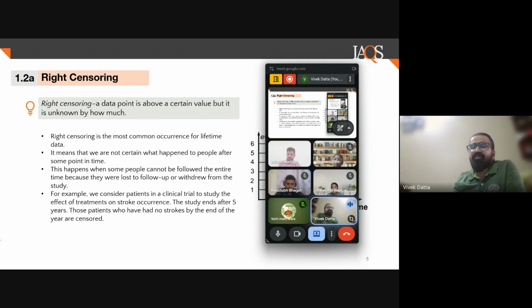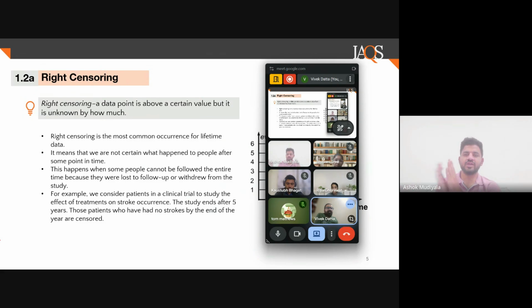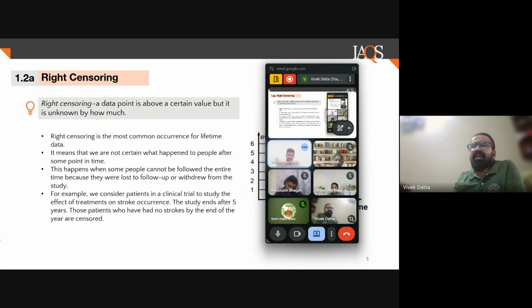When there is type 1, there is a predetermined time. Type 1 initiates right censoring for everyone else in the experiment who is still being tracked. So till year 5, those who remain in the experiment, because year 5 was the year in which I predetermined to stop, all other people are right censored.